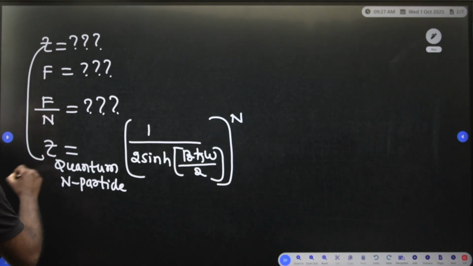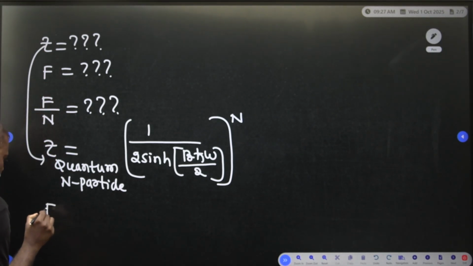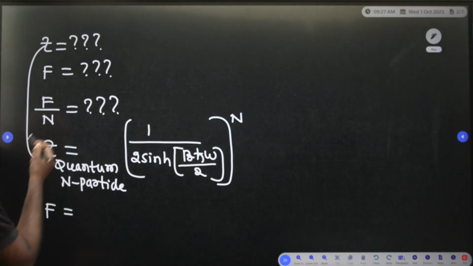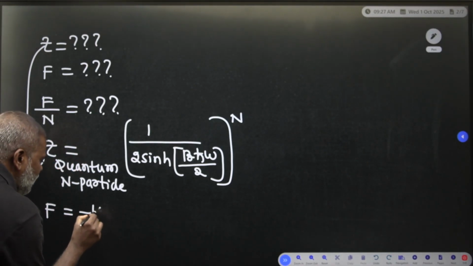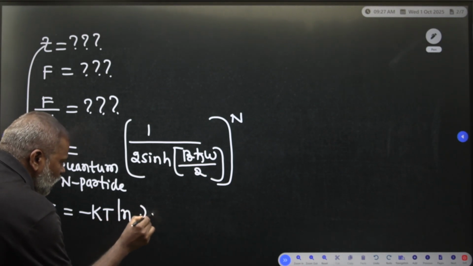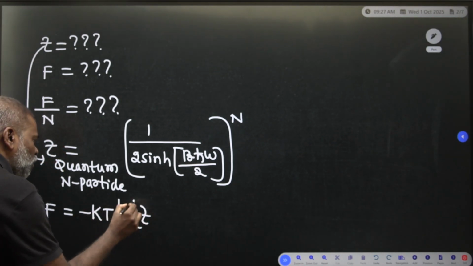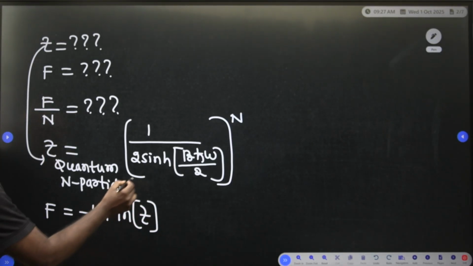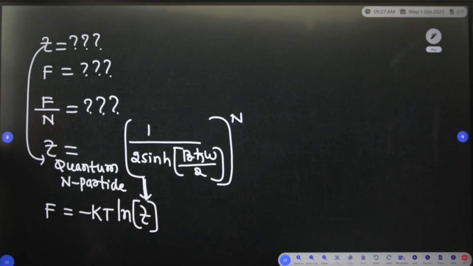That is the first one we calculated. The second one: the Helmholtz free energy in terms of the partition function is equal to minus kT ln Z. So you have to substitute this Z value here.